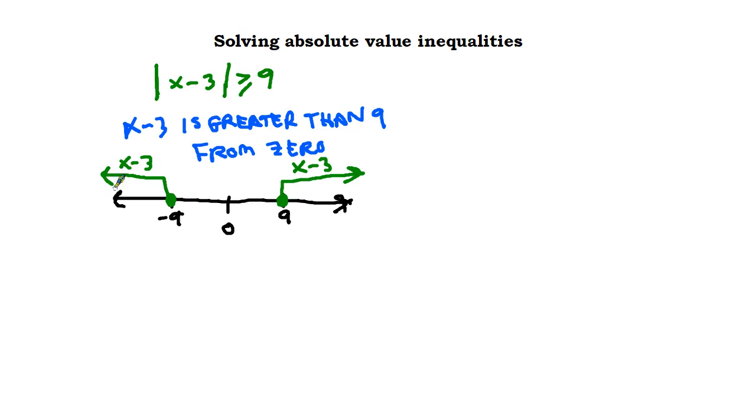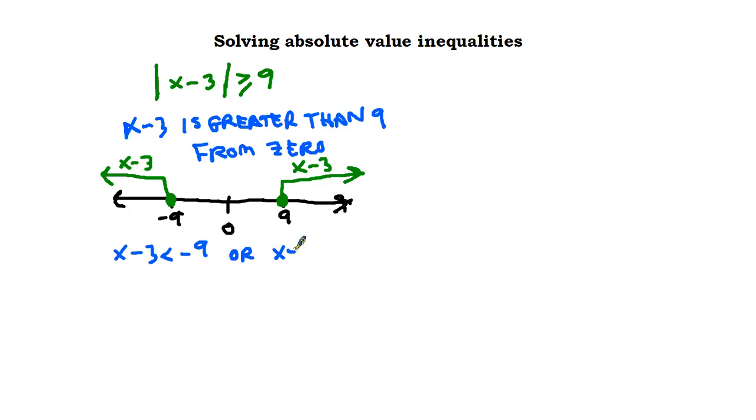We take this part and we say the x minus 3 here, these numbers are less than -9. So x minus 3 is less than -9. That's what this part of the picture means. Then over here, we can also write the word or: x minus 3 can be numbers that are greater than 9.